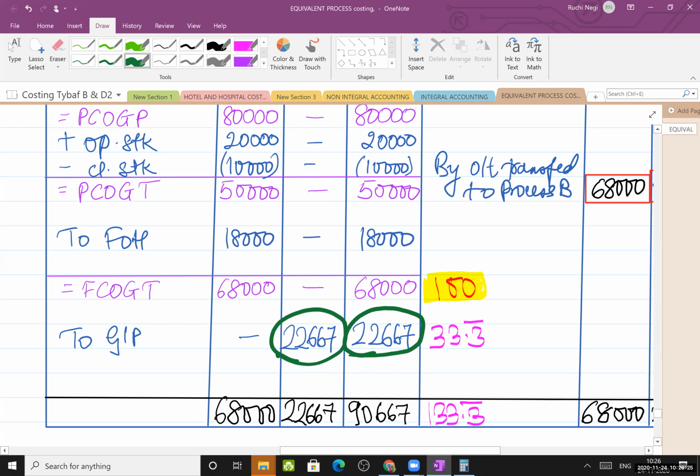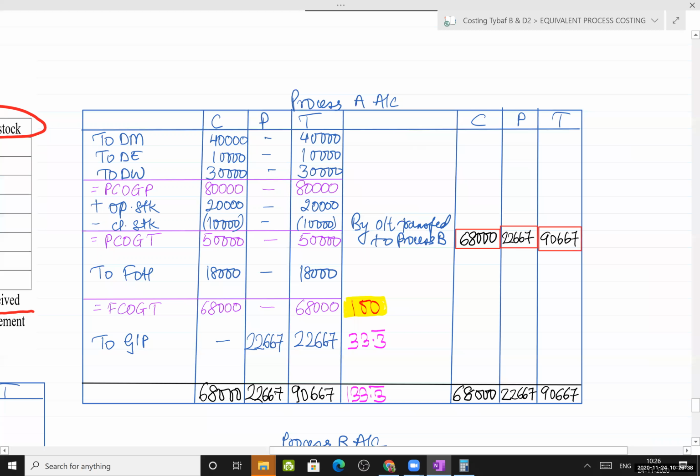Then balance your ledger. So the balancing figure will be your output, which you will transfer to the next process, that is process B. See this, the balancing figure.